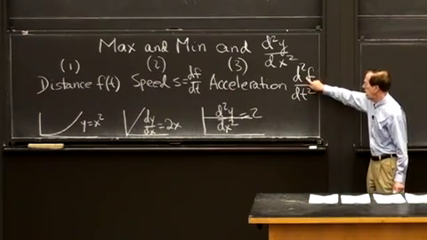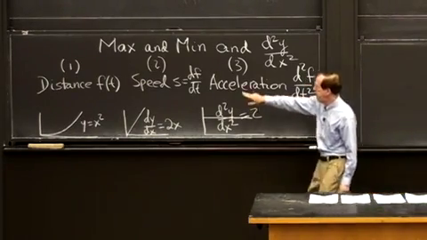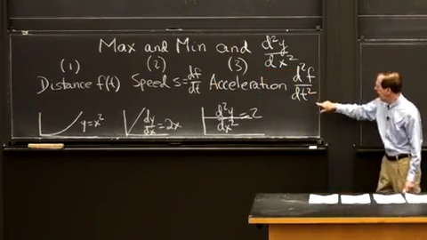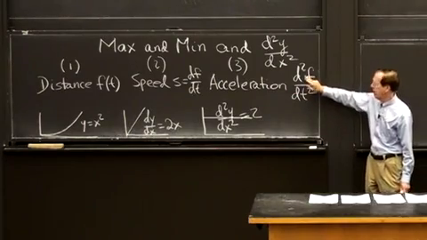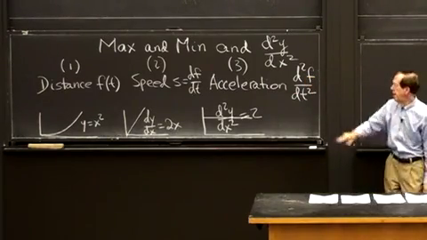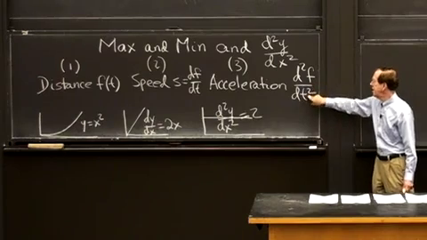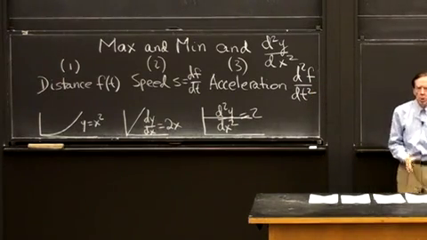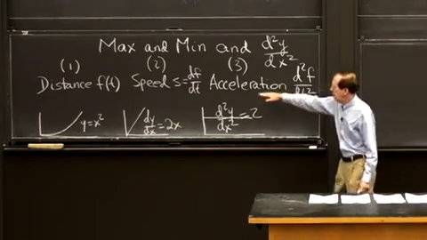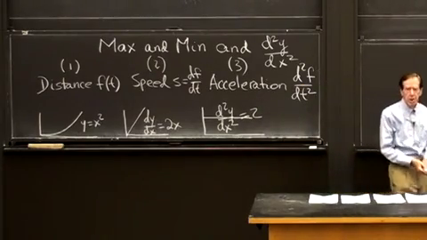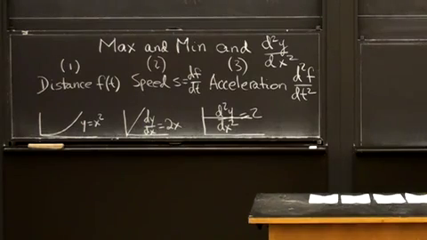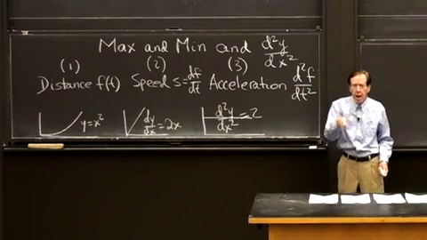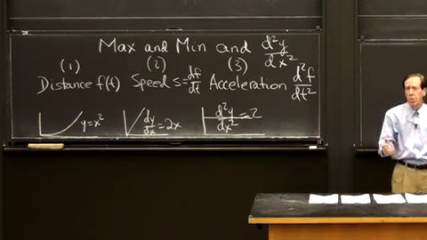If the speed is the first derivative, df dt, you write the second derivative as d second f dt squared. That's the physics example: distance, speed, acceleration. I say physics because acceleration is the a in Newton's law, F equals ma.